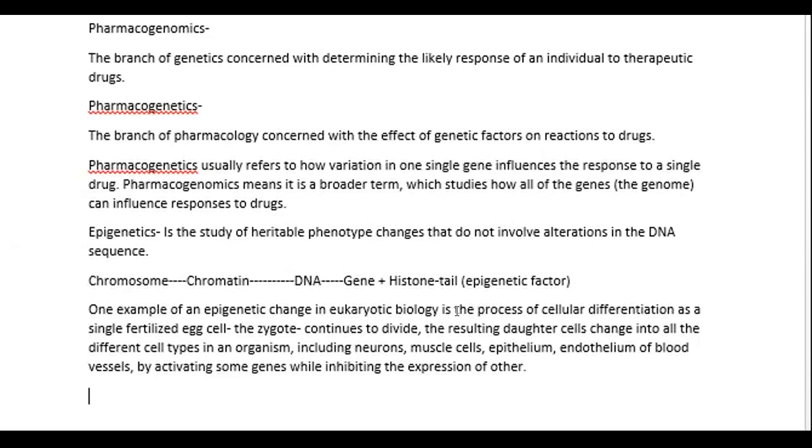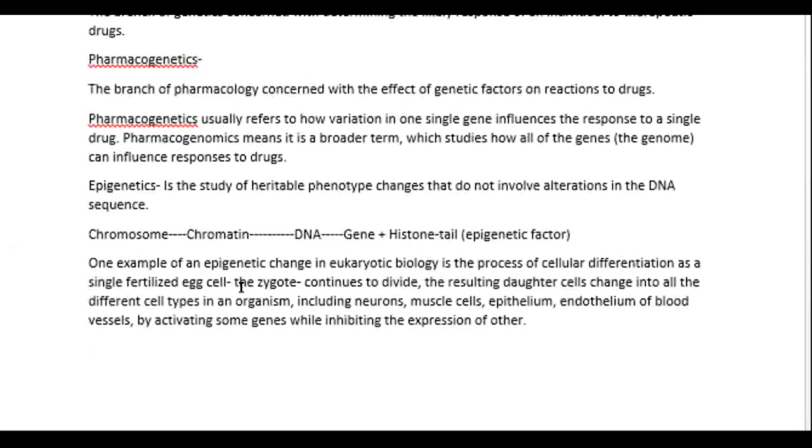So, what is this epigenomics? We have discussed that there is a change in the phenotype, but not in the genotype. In the general process also, this epigenetic mechanism occurs: after the formation of the zygote, it divides into daughter cells, and from the zygote we develop neurons, muscle cells, epithelium, blood vessels, everything.